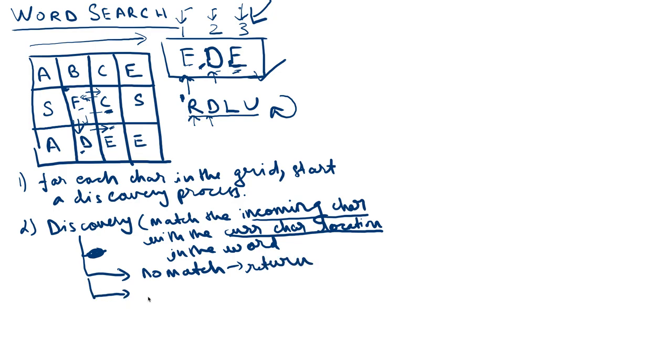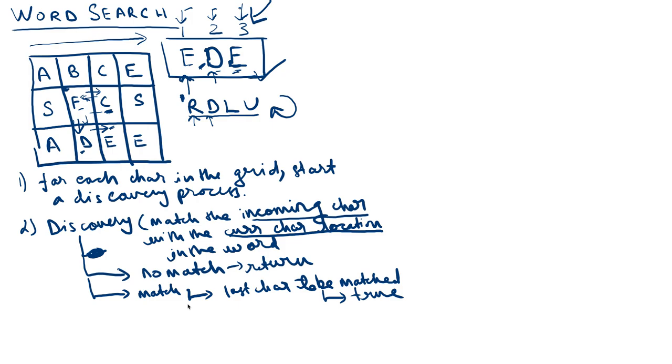Now if there was a match, it is possible that this was the last character to be matched, which means that you have looked at all the characters, all of them matched, and this incoming character was the last character, which means that the word has been found, and you return a true in this case.